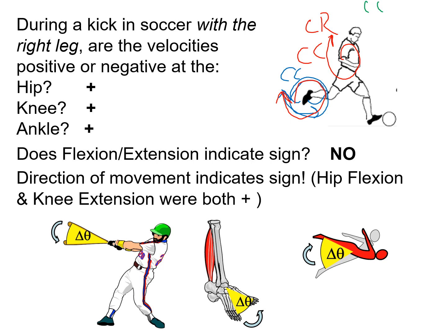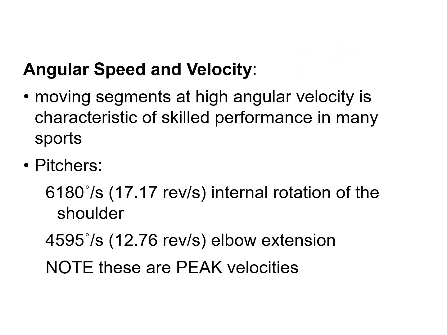This would be negative. If we're looking at knee flexion, where the lower leg is going to rotate around our ankle like this, that's clockwise rotation, so it would be negative. So it depends on how it's rotating, not whether it's flexion or extension.